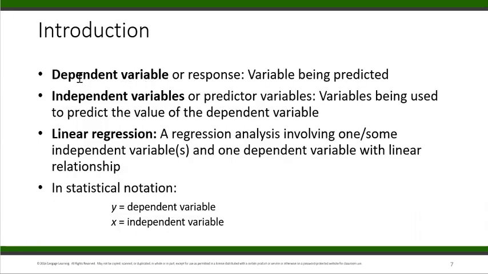So I'm just going to go over some basic definitions and basic terms that we're going to use a lot in the linear regression chapter. So we have dependent variable or response. This is usually one variable. In all cases that we're going to go over in this chapter, we only have one dependent variable.